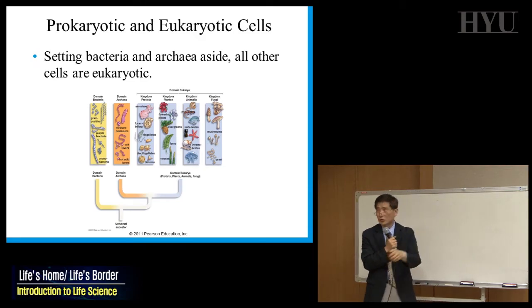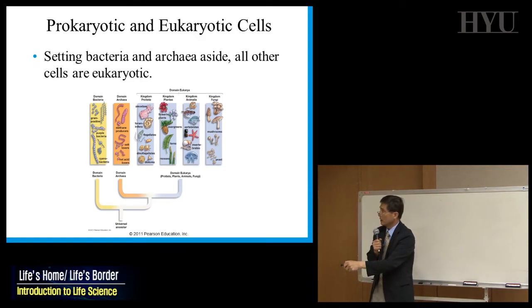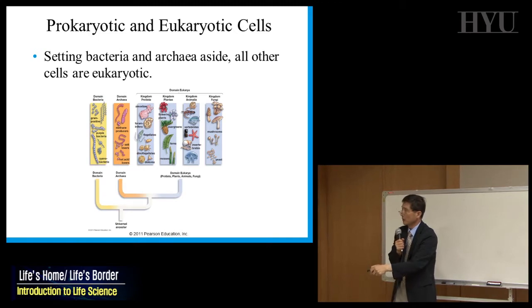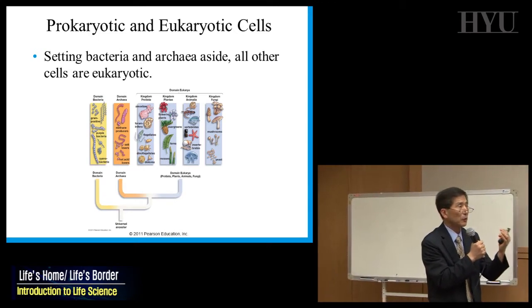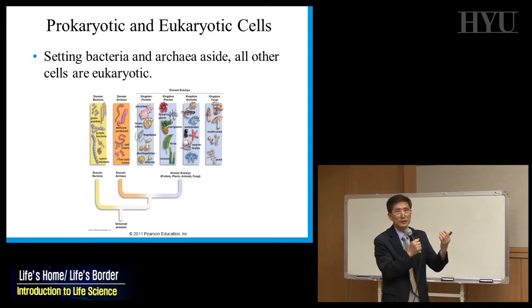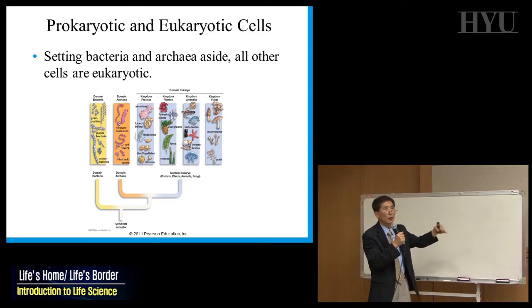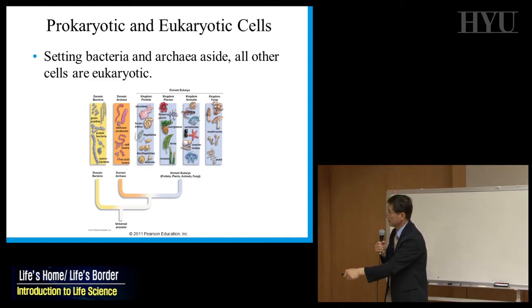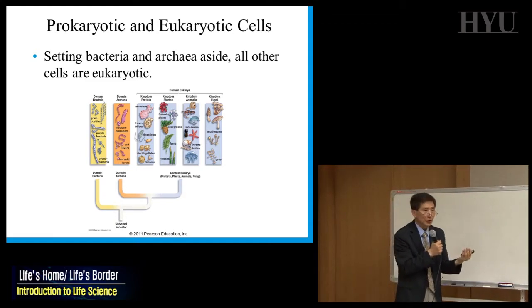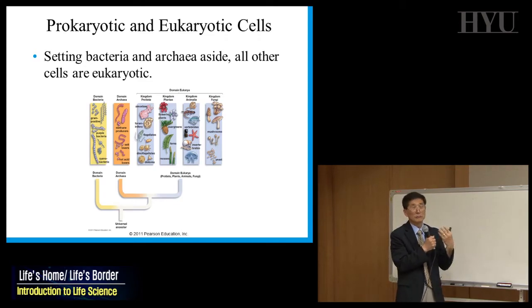These two, bacteria and archaea, are both prokaryotes. They don't have a nucleus, so the cell is kind of open space inside. The rest of it we call eukarya, which means they are eukaryotes, 진핵생물.